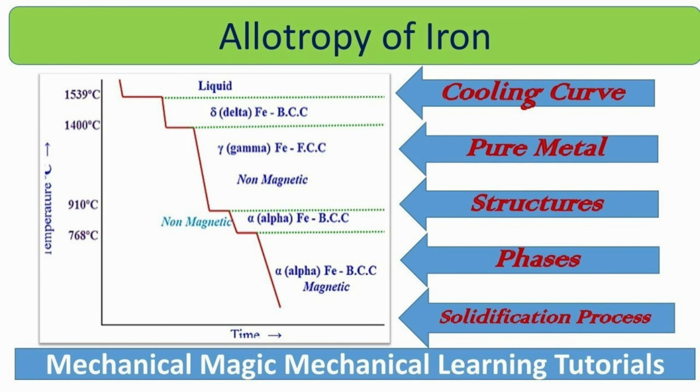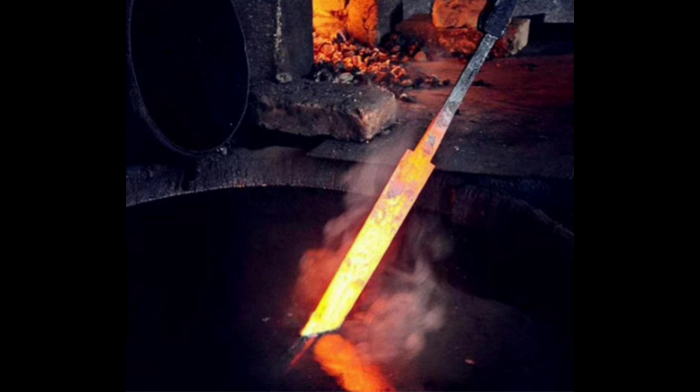And then the trick is, it's an age-old trick from even ancient times. If that gamma phase, which has now dissolved more carbon than it can dissolve at say room temperature, is cooled down very rapidly, so-called non-equilibrium cooling. So if you take a piece of steel, for example, and heat it up till it's bright red, and then you stick it in a bucket of water, the carbon doesn't have time to diffuse out.